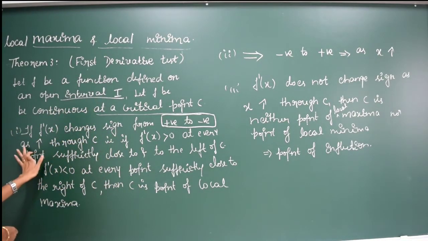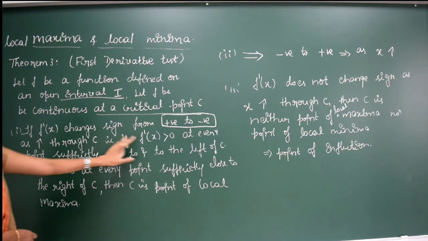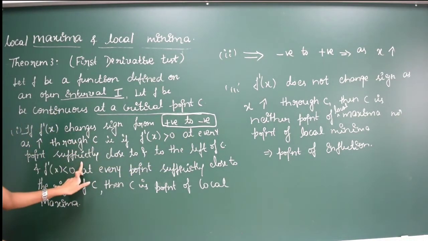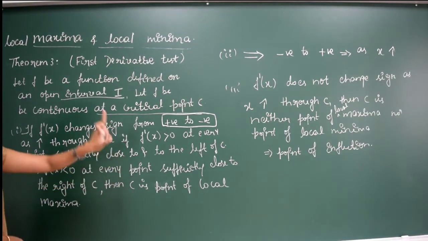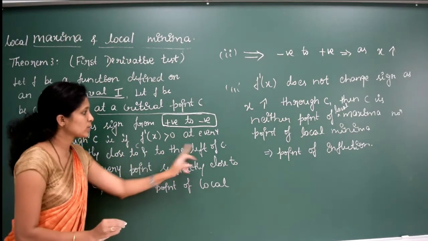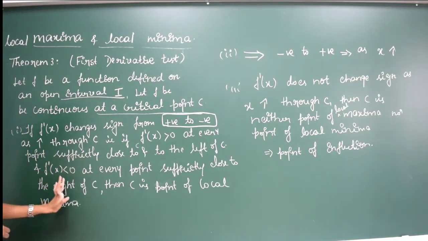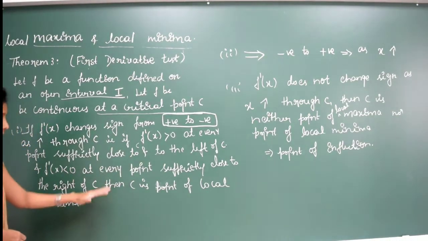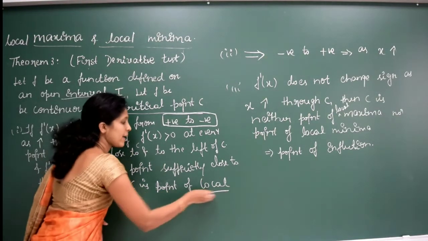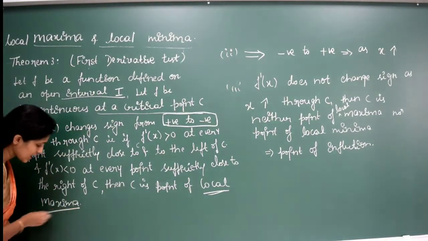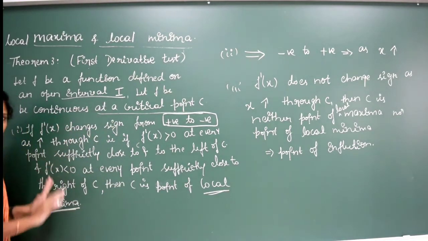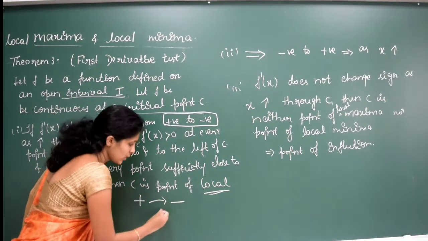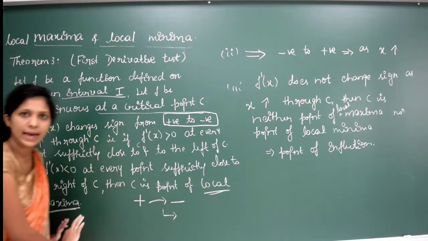See, positive to negative as x increases through C, that is if f dash of x is greater than 0 at every point sufficiently close to and to the left of C, and f dash of x is less than 0 at every point sufficiently close to the right of C, then C is called the local maximum. You have to remember, if it changes from positive to negative, then it is called the local maximum. That's it.